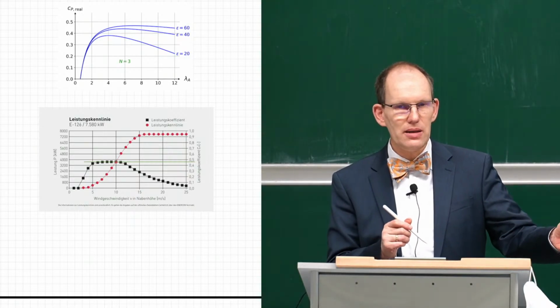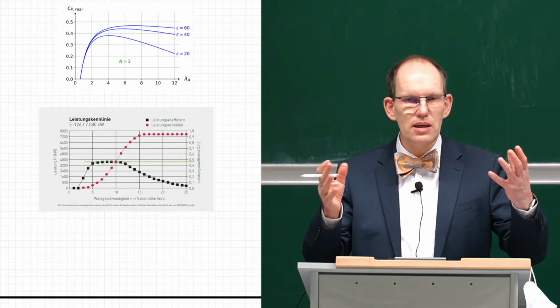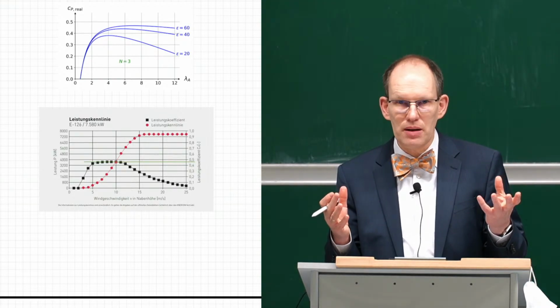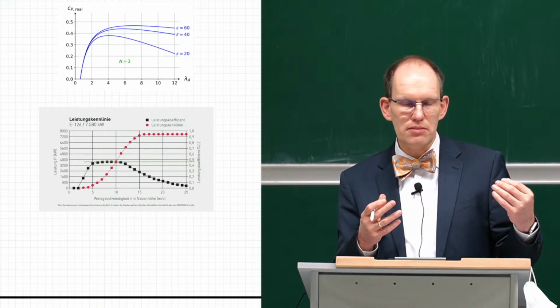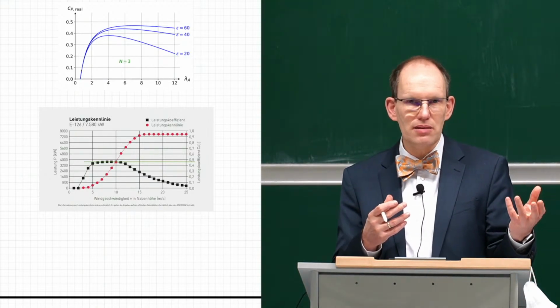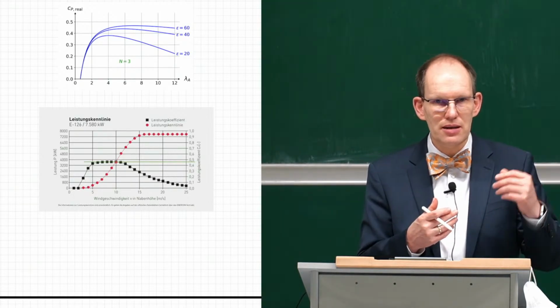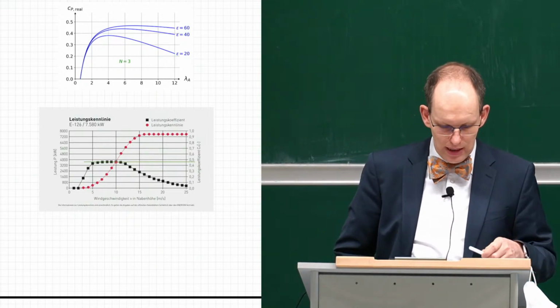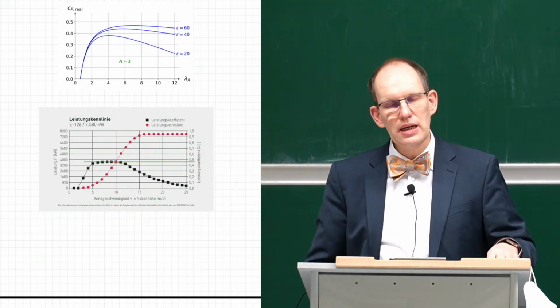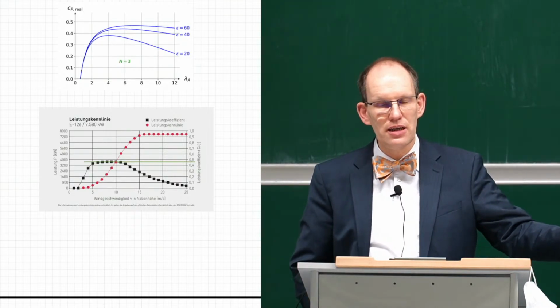So if you compare this to photovoltaics, there's also an upper limit, a famous upper limit, which is the Shockley-Queisser limit. And this is the thing that I'll derive in my lecture on photovoltaics, or actually on solar energy. It's a little bit more general.